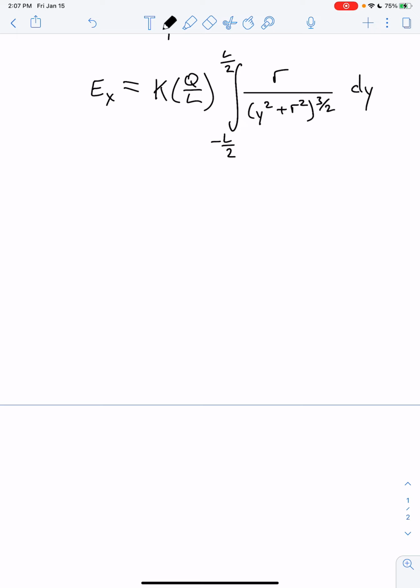And so we have E in the x direction is equal to, got our k q over L. And then we integrate all of this, and we end up with y over r, y squared plus r squared to the 1/2.